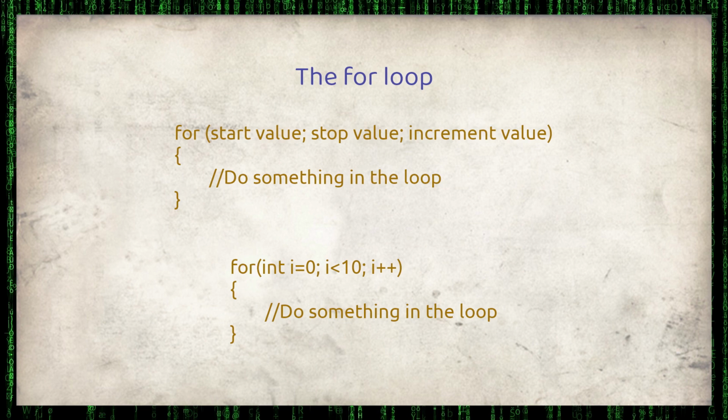So the next time we run through this loop, it will say, is i, which is now 1, less than 10? Yes, it is. Do the loop and then increment it by 1. You can change that increment value to 2 or 3 or 5 or whatever you want it to be, but typically it's just 1. So that's the most basic loop you get.